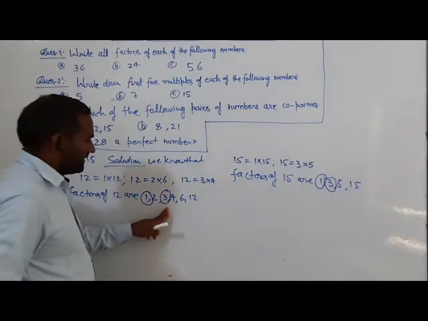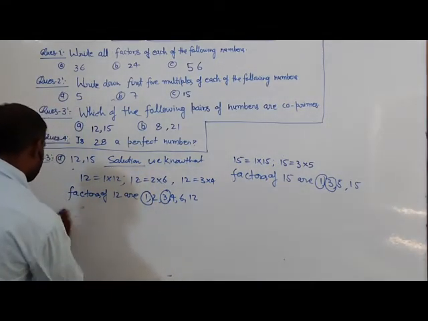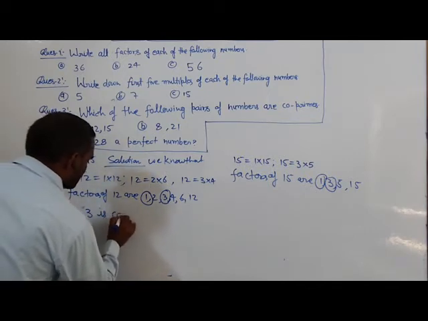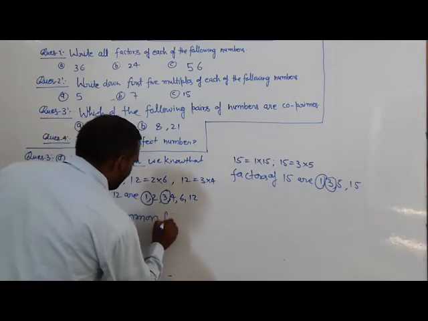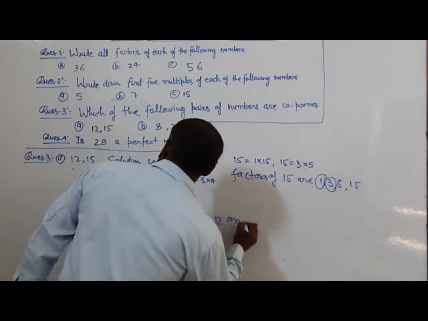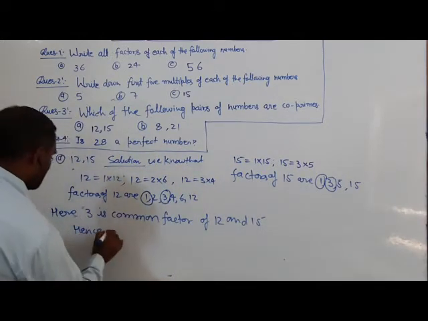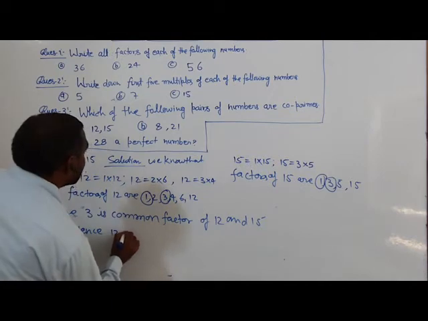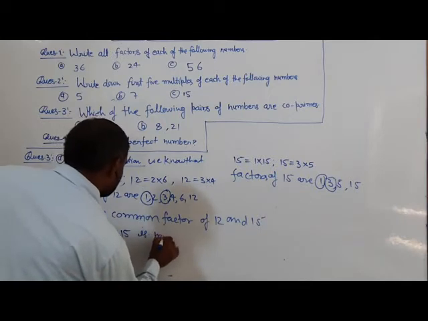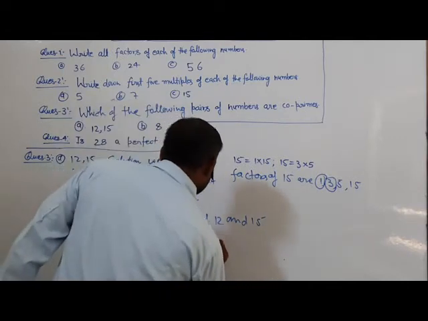There is a common factor: 3 is a common factor of 12 and 15. Hence 12 and 15 is not a pair of co-primes.